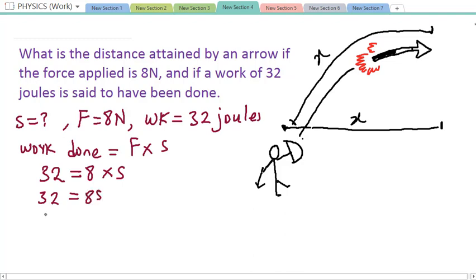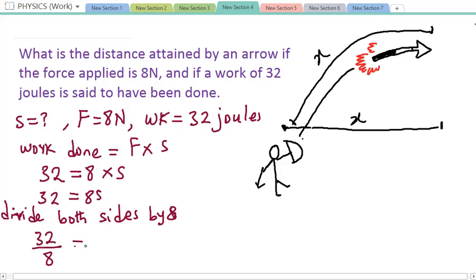So what do we do from here? We divide both sides by 8. So we have 32 over 8 is equal to 8s over 8. So 8 can cancel 8.